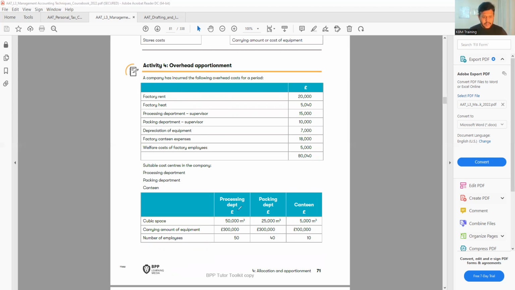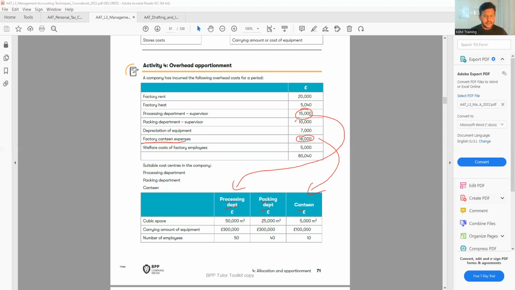Now we have three departments: processing, packing, and canteen. We can see here a few costs we can allocate. For example, the factory canteen expense, 18,000, will go straight to canteen. The processing department supervisor, 15,000, we can take straight to the processing department.